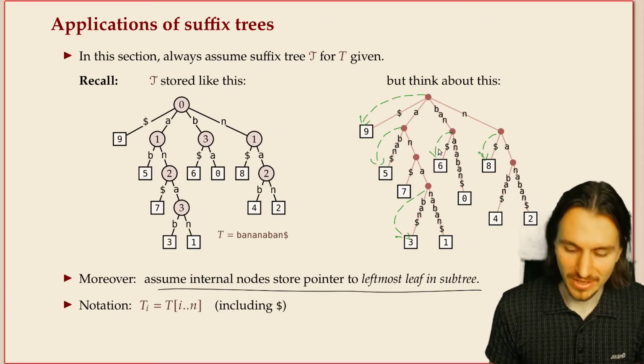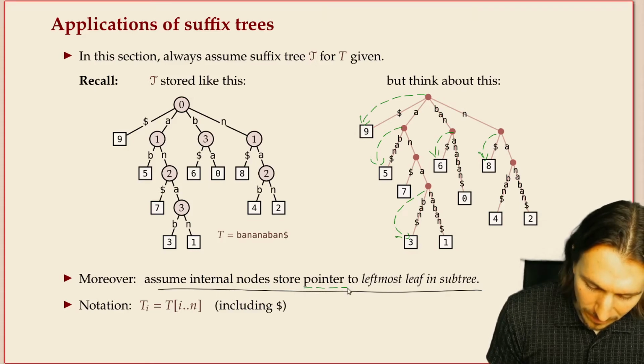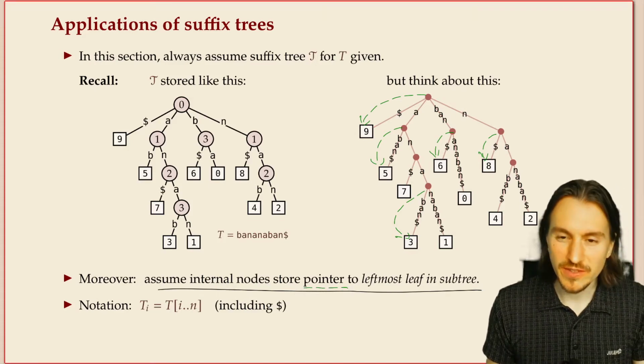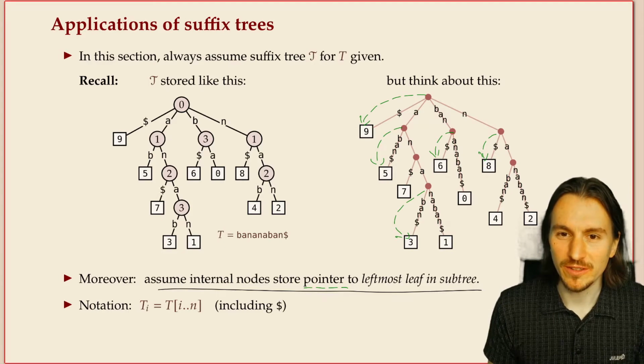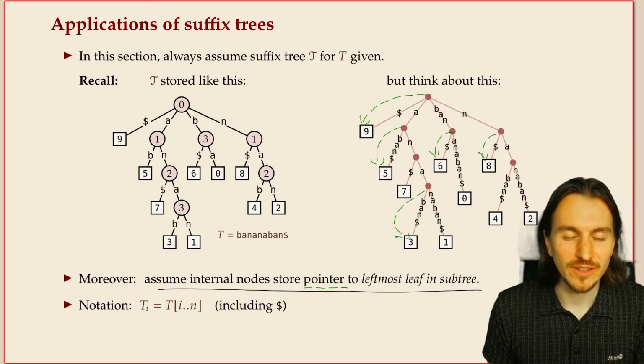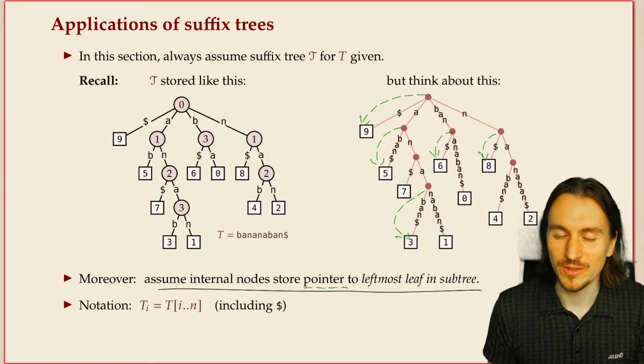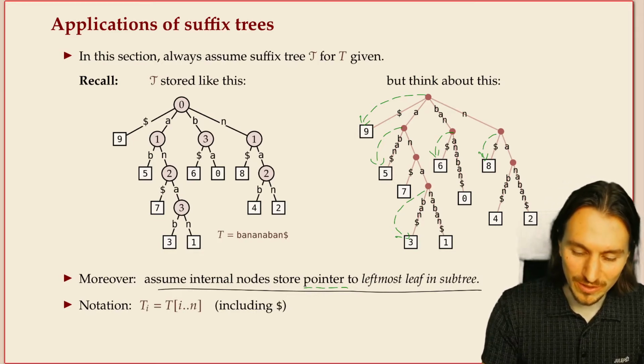All right. So that's just a technical assumption. It's easy to maintain and easy to make sure that this is true, but this will make the applications easier to discuss.